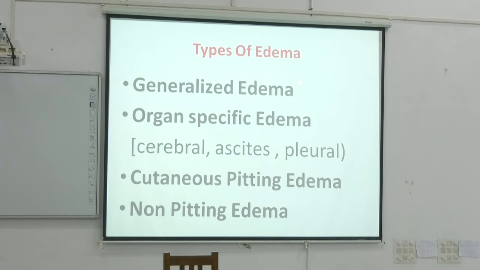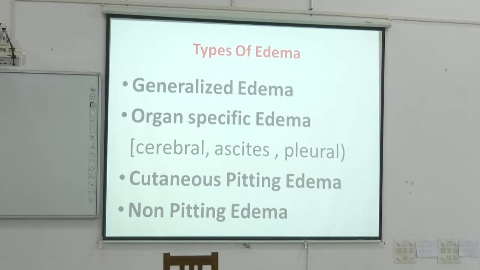Types of edema: generalized edema, organ specific edema, ascites, pleural, cerebral. Ascites is related with the liver, pleural is from the lungs, and in meningitis there is cerebral edema. Also cutaneous pitting edema and non-pitting edema.